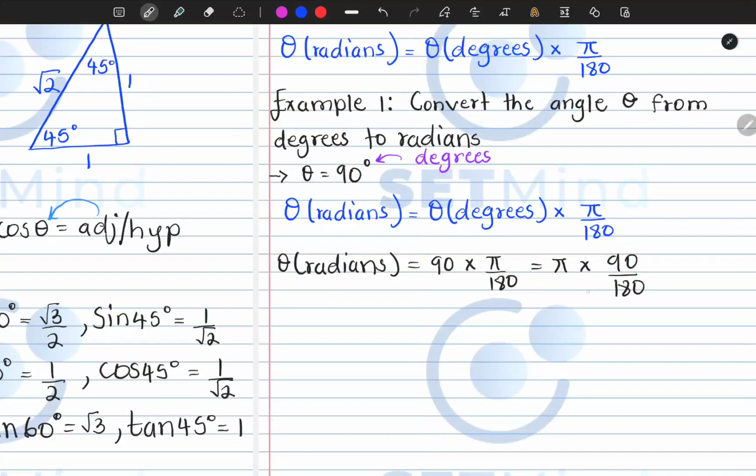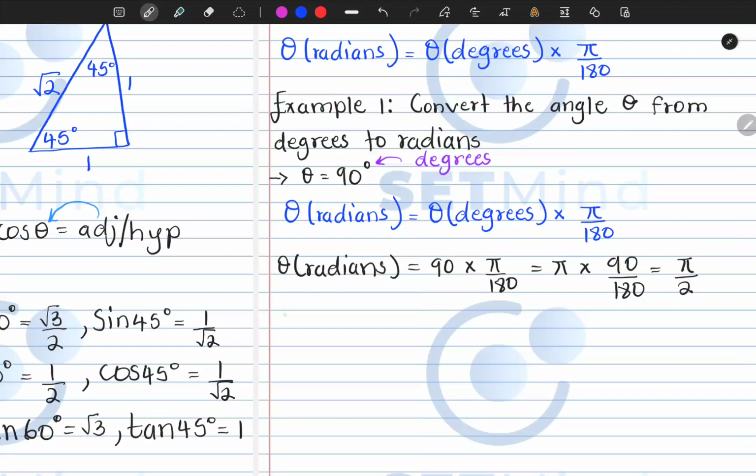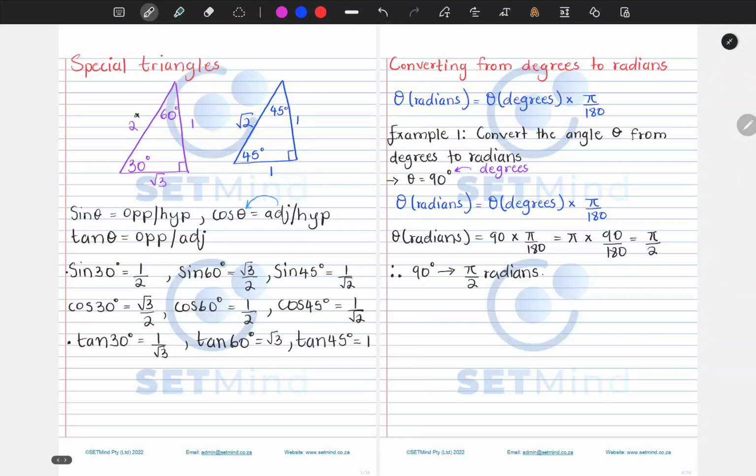And this just gives you 1 over 2. So our answer ends up being pi over 2. So this means that when we look at angles, 90 degrees is actually equivalent to pi over 2 radians. Very important.